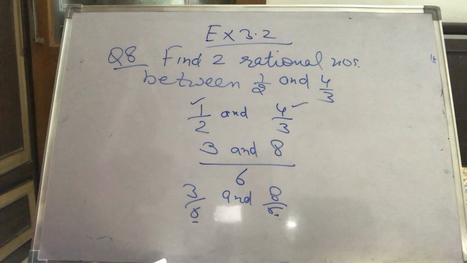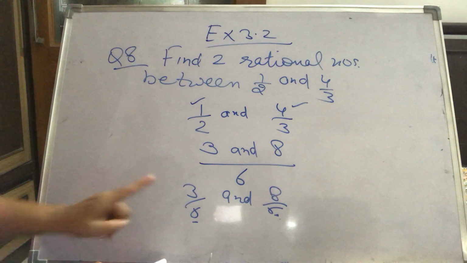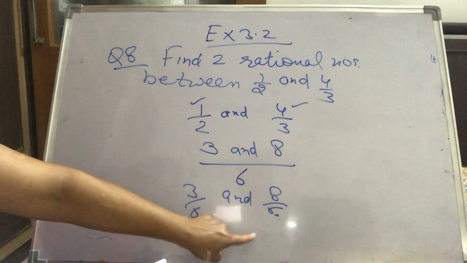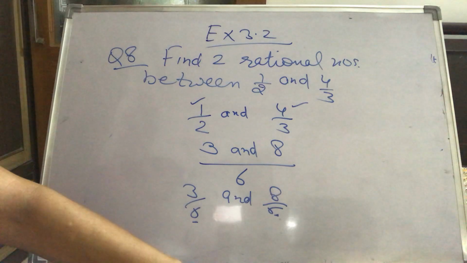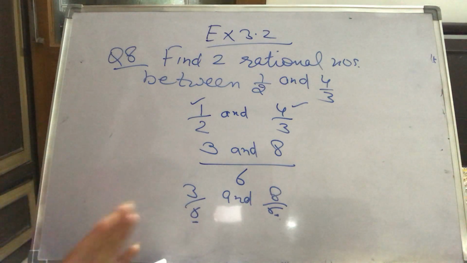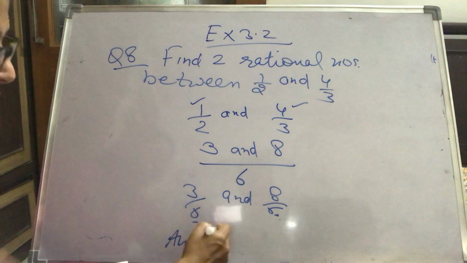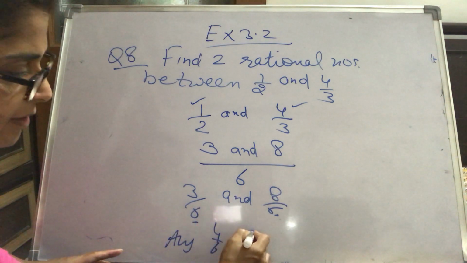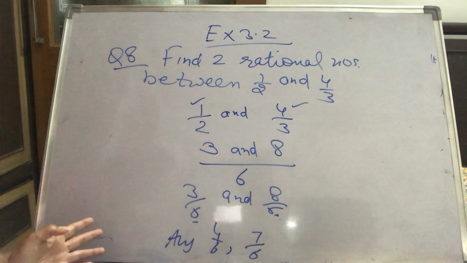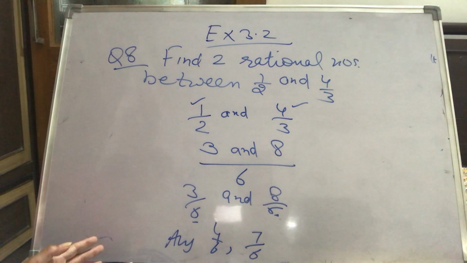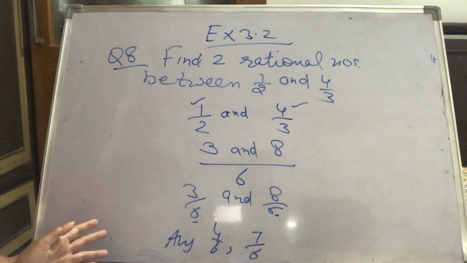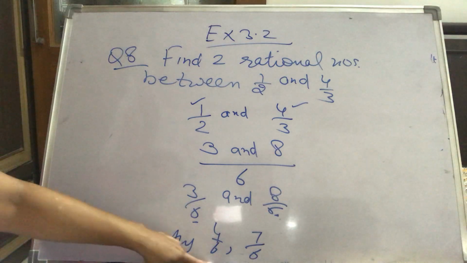Mind that you will not write 3 by 6 and 8 by 6. These are the boundary rational numbers. We have to write between both of them. So, our answer may be 4 upon 6, 7 upon 6. You may write 5 upon 6 also, 6 upon 6 also. We have to write 2, we can write these two.